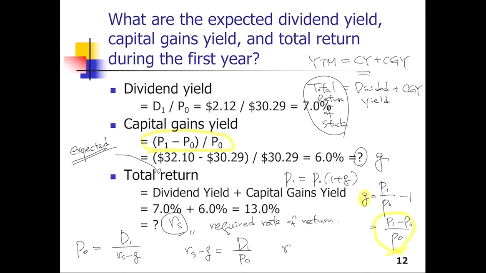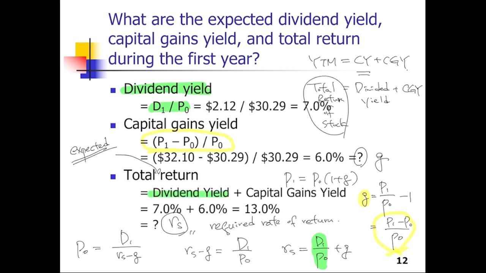And Rs equals D1 over P0 plus G, right? What is this? D1 over P0 is here, dividend yield.